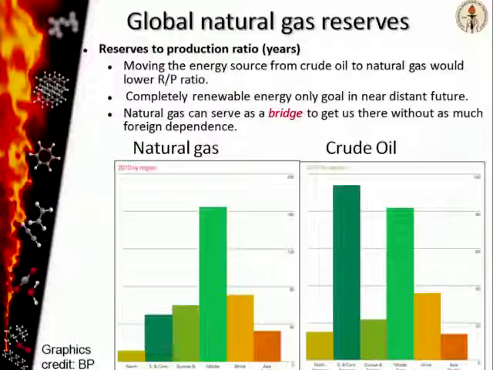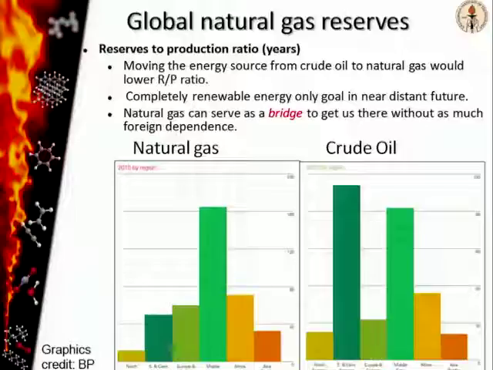But the thing to understand is that moving from one energy source to another, like changing our fuel for transportation from crude oil to natural gas, would lower this ratio and deplete the natural gas resources at a faster rate. So at the end of the day, renewable energy is pretty much the only thing that can sustain us in the long run.